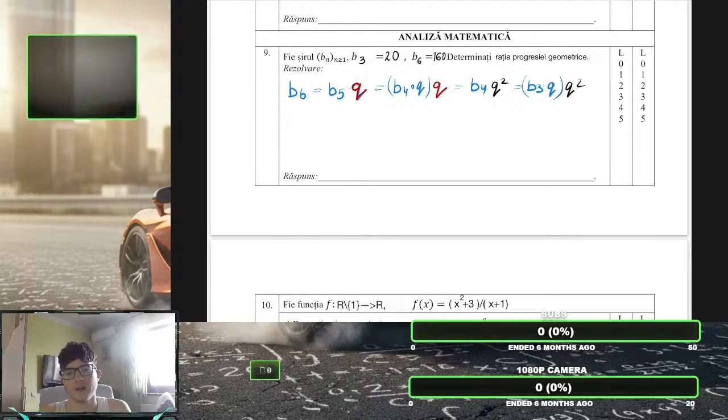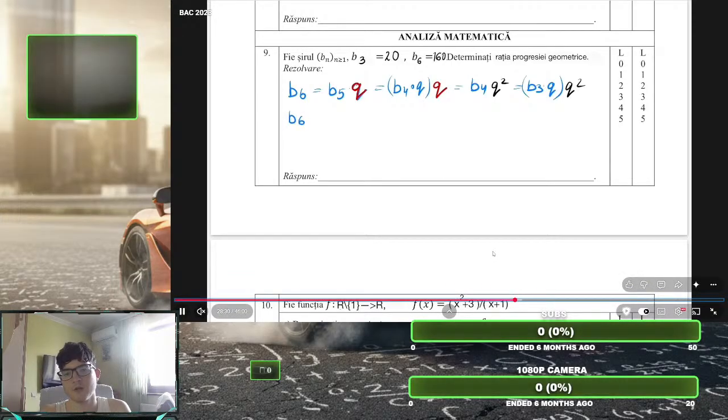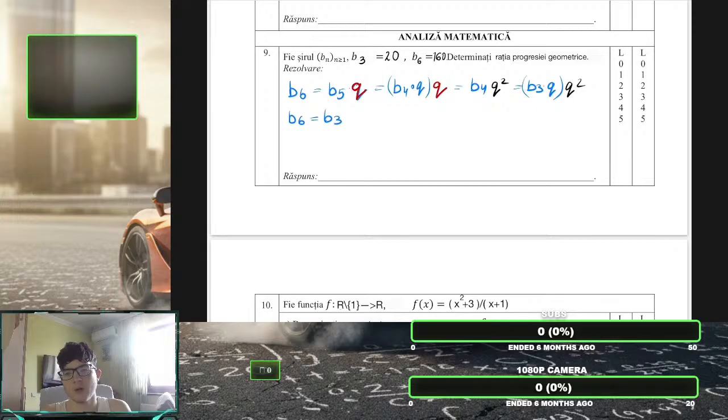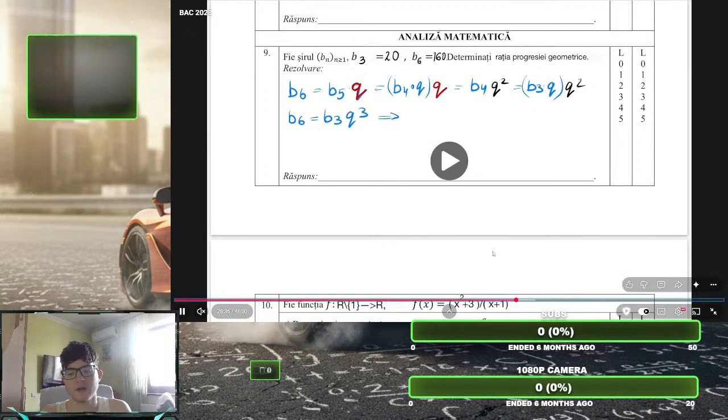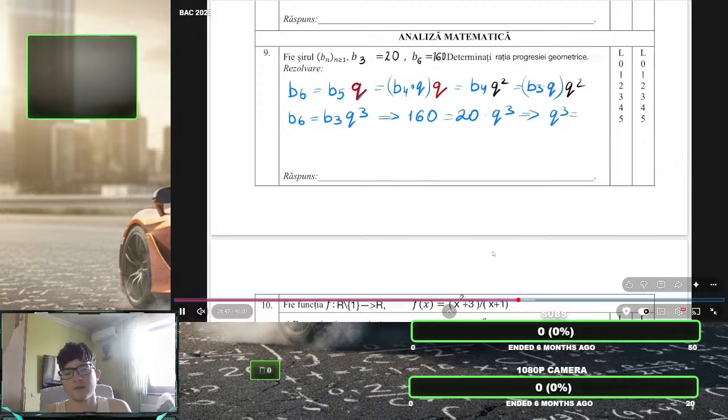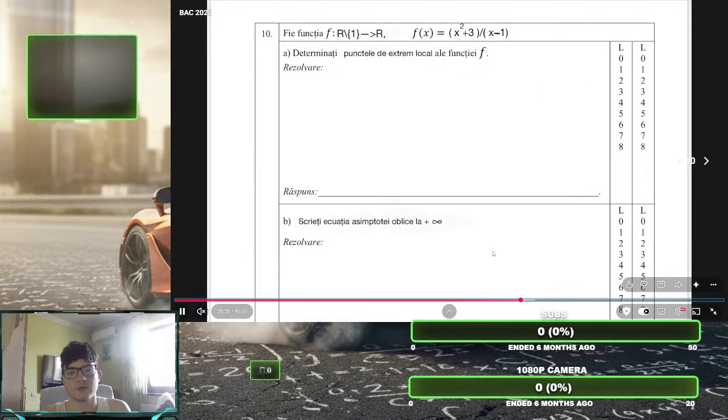So we just need to calculate Q. B3 you know, B6 you know, so 160 equal with 20 times Q times Q to the second power, so 160 equal with 20Q to the third power. So Q to the third power is going to be equal with 8, so Q is 2.